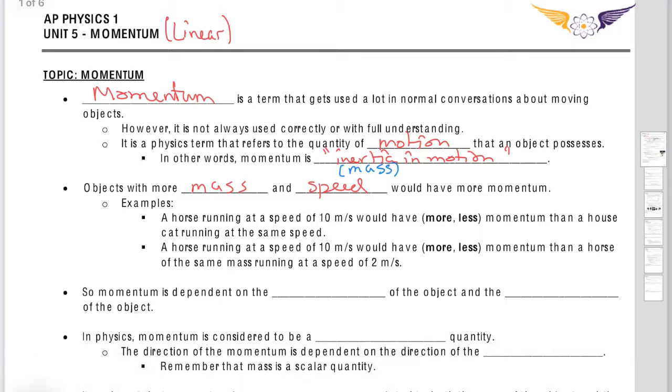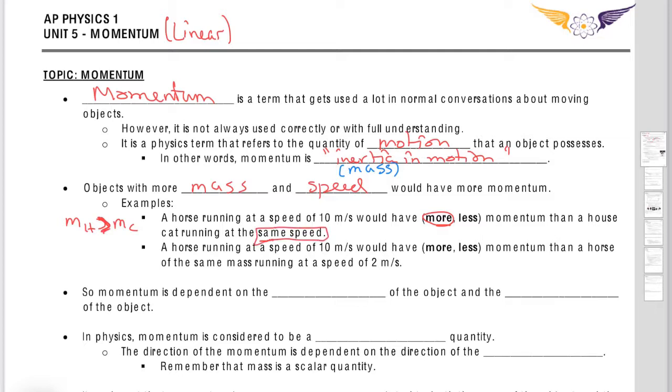Here you just have two quick examples. A horse running at a speed of 10 meters per second, is it going to have more or less momentum than a house cat running at the same speed? It's going to have more, because the mass of the horse is greater than the mass of the cat. Note that the speed in this example was the same.